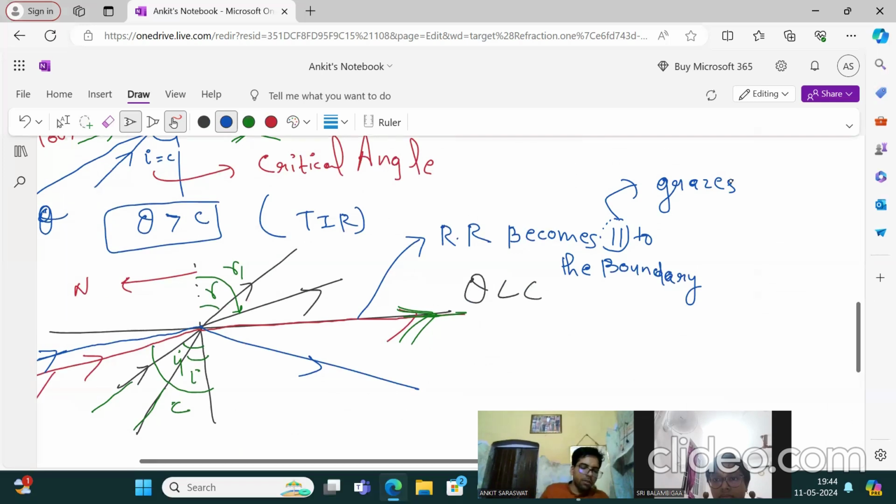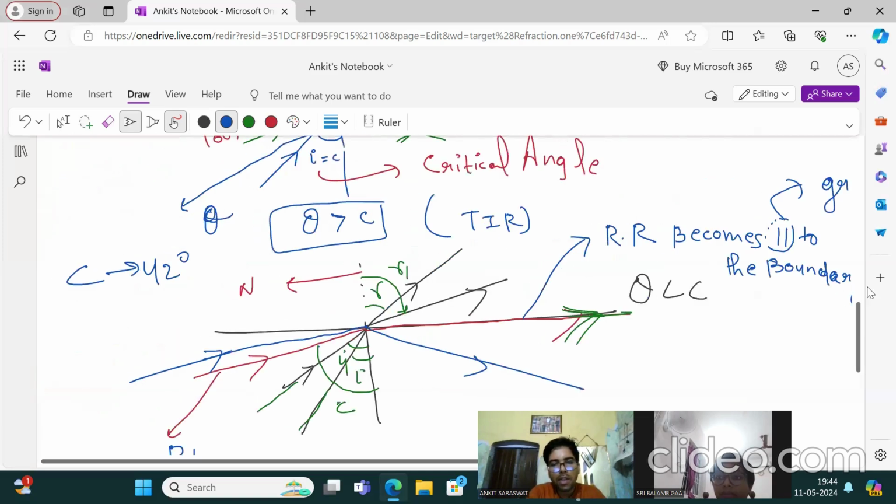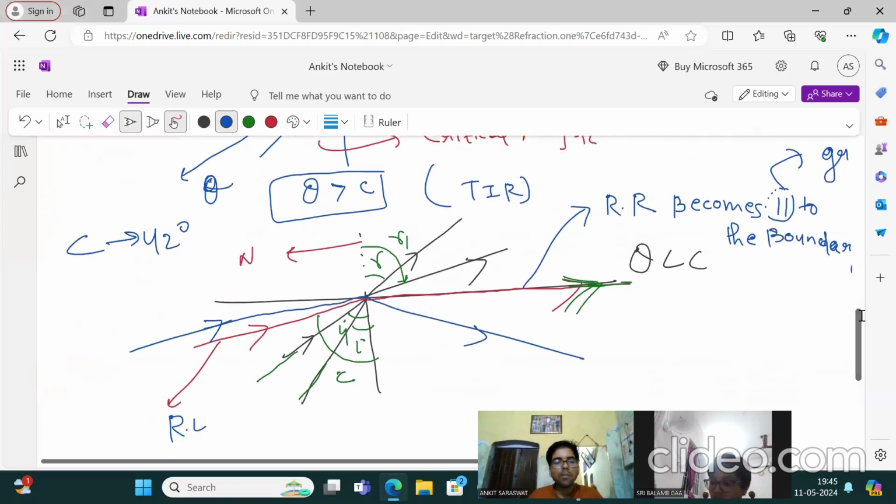Clear? Tell me any doubt. No doubt, sir. Now after looking at this diagram, which one is the rarer medium and which one is denser? This is mu1 and this is mu2. Then which one is rarer, which one is denser? Mu1 is denser and mu2 is rarer.